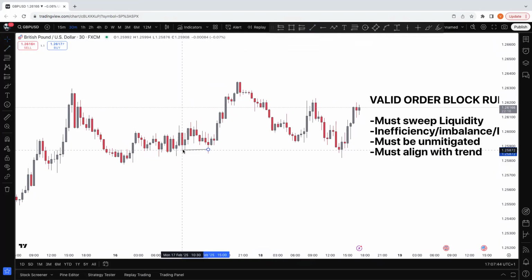Because remember, I always tell us on this channel that below every low and above every high in the market is liquidity, somebody's stop loss. So look at this liquidity sweep that happened before this move. When we have this type of liquidity sweep, we say the order block that's going to be formed afterwards will be a valid order block.